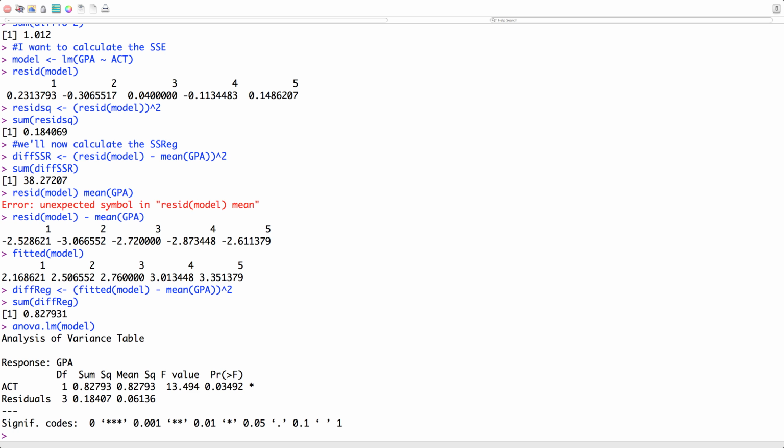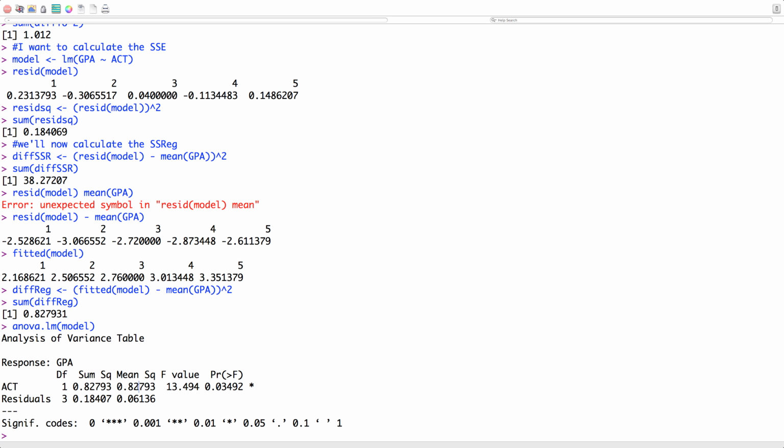Here I get the sum of squares being 0.828 and the residuals being 0.184, what I'm supposed to get. But the total sum of squares of 1.102 doesn't add up to that. So 0.82793.